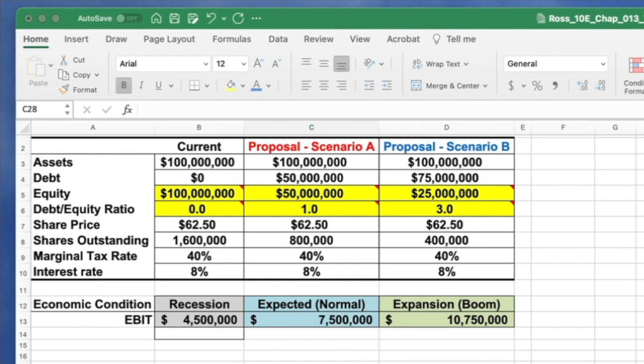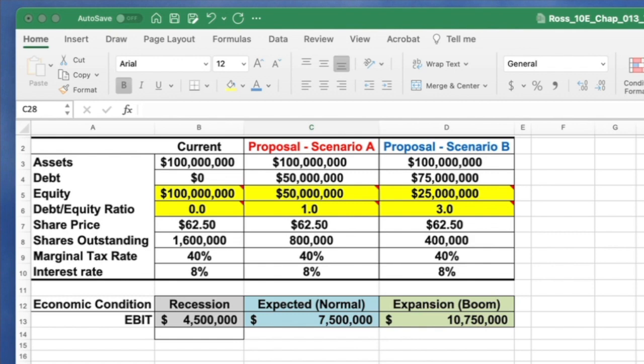In scenario A, what we've done is we've recapitalized the balance sheet, meaning the firm borrowed $50 million, and the firm repurchased half of the shares of equity that were outstanding. When there was no debt, the firm had 1.6 million shares of common stock outstanding.